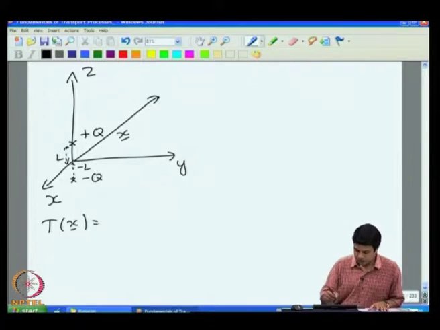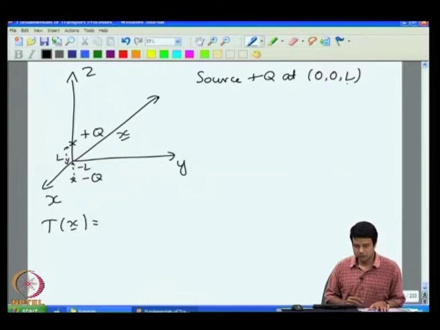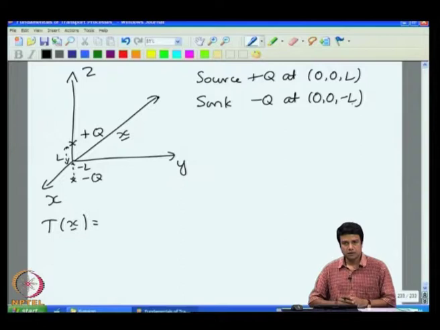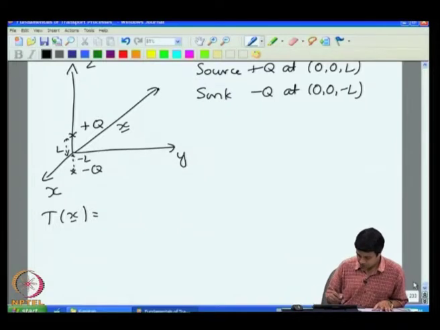So, there is a source at the location 0, 0, L. There is a sink minus q at 0, 0, minus L. And the combination of these two determines what the temperature is. So, T is equal to q by 4 pi k into 1 over the magnitude of x minus x s.